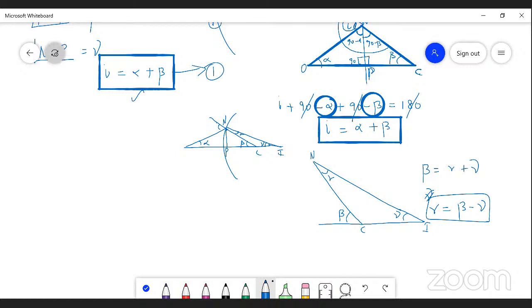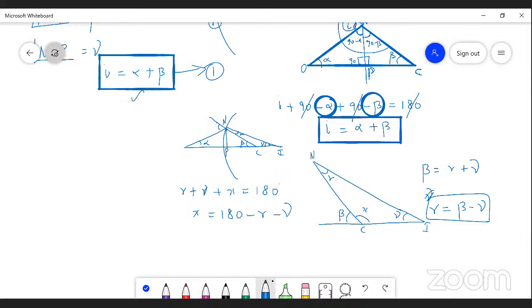Prove this. Where does this come from? I want to take this x value. The sum of the three angles is equal to 180 degrees. So r plus gamma plus x is equal to 180 degrees. So x is equal to 180 minus r minus gamma.